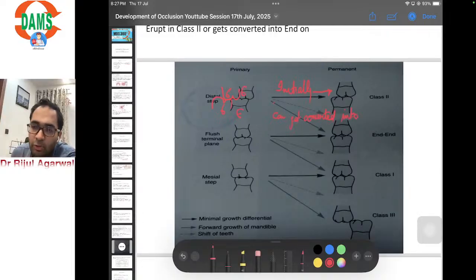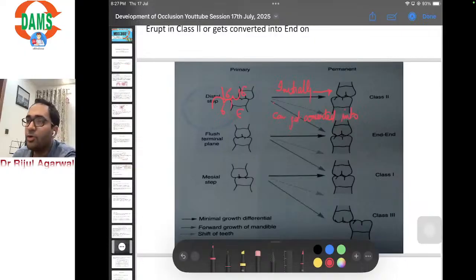In your exam, you have to look at the terms and read the question carefully, what the examiner is asking, because there is a lot of confusion or needless controversy created. So: initially erupt into, and can get converted into. You need to read that question carefully.